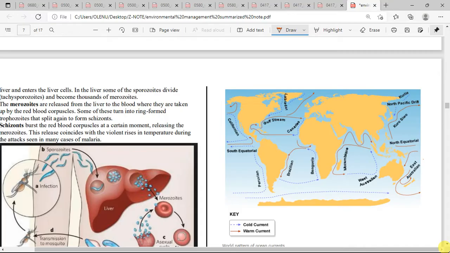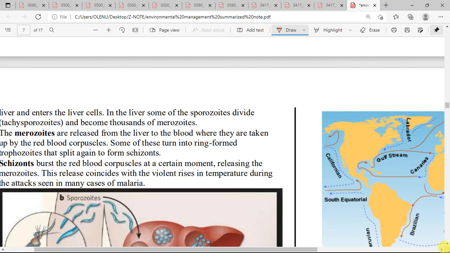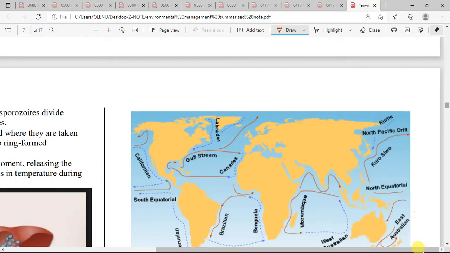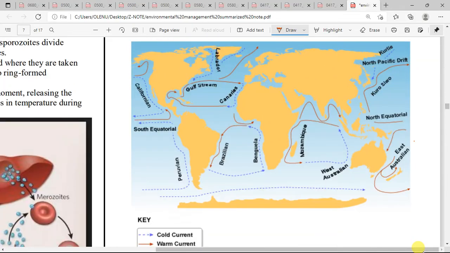Let me zoom in a little. Okay, I have cold currents and warm currents. If you look at this key, the blue dotted lines are cold currents, while the red lines are warm currents.